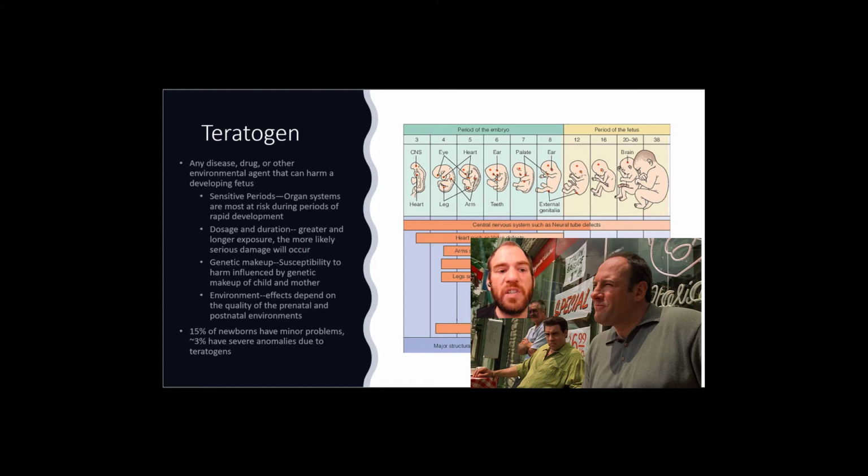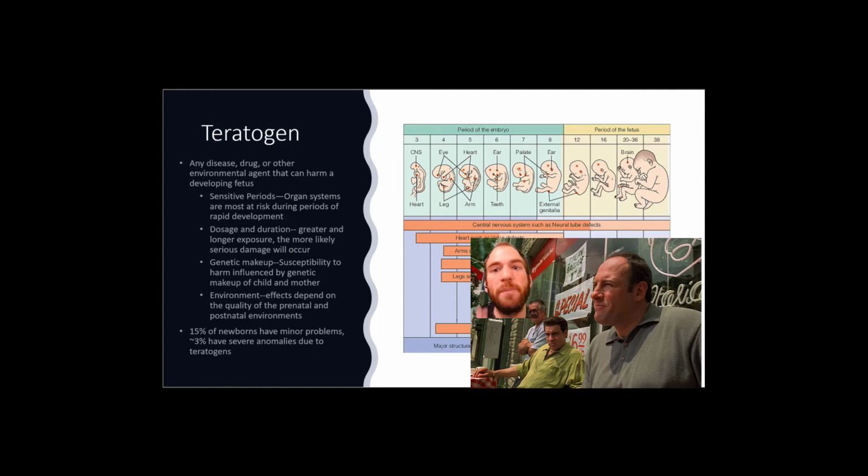Now, genetic makeup: susceptibility to harm is influenced by genetic makeup. So some mothers, or I should say parents, may be more susceptible to certain harmful effects of the environment because of their own history of development that is passed down genetically, biologically to their fetus. That increased vulnerability makes them more sensitive to harmful environmental effects.